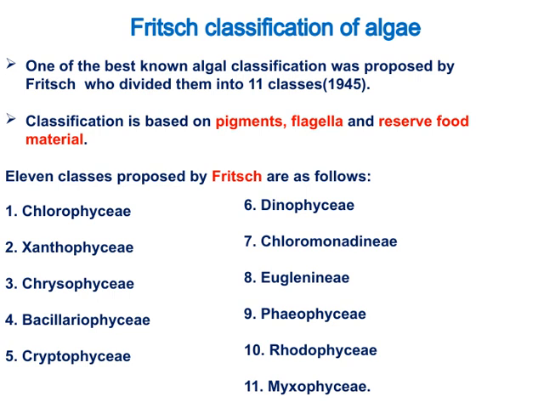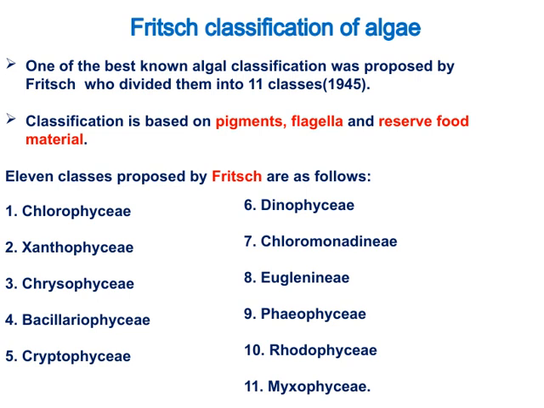Fritsch's 11 classes include Chlorophyceae, which are the green algae, and Xanthophyceae, the yellow-green ones. Then there's Chrysophyceae, known for their golden pigments, and Bacillariophyceae, which are the diatoms with their unique silica cell walls. Cryptophyceae is another class, often with complex pigments. Dinophyceae or dinoflagellates are notable for their flagella and their role in marine ecosystems.